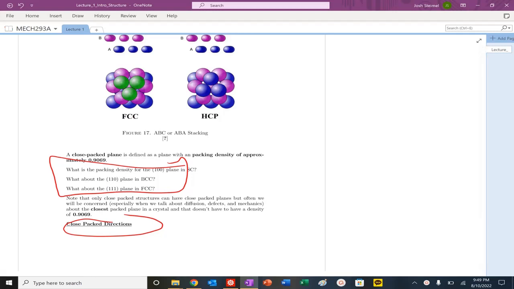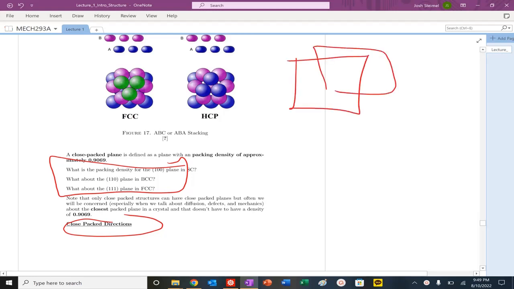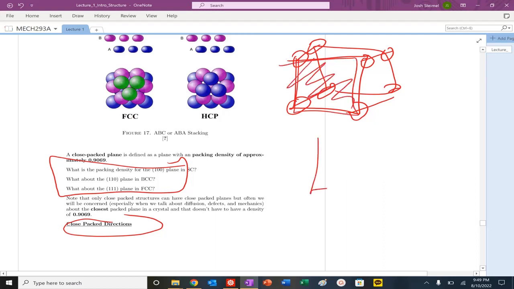We're going to use a calculation similar to the atomic packing factor, but now we're going to use our planar density calculation. Let's look at a simple cubic structure, and the 1, 0, 0 plane, which is going to be right here. I'm going to project that plane right here.